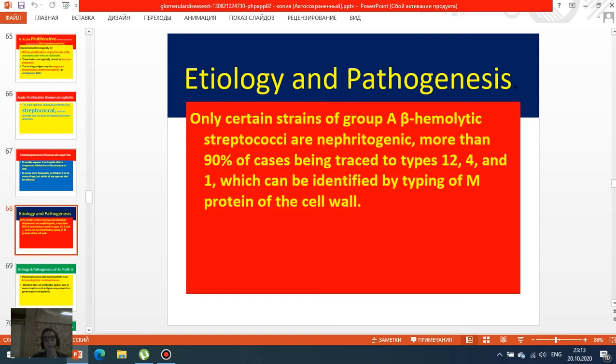Etiology and pathogenesis of this form of glomerulonephritis. Only certain strains of group A beta-hemolytic streptococci are nephritogenic, more than 90% of cases being traced to types 12, 4, and 1, which can be identified by typing of M protein of the cell wall.